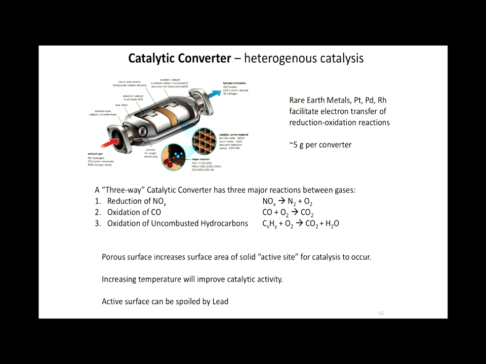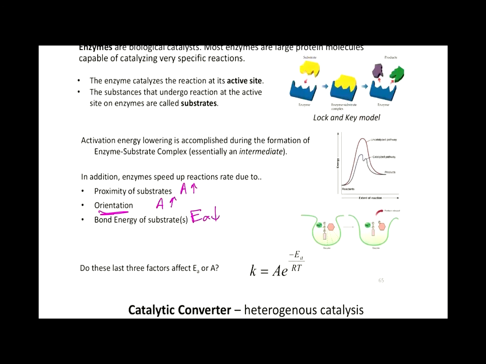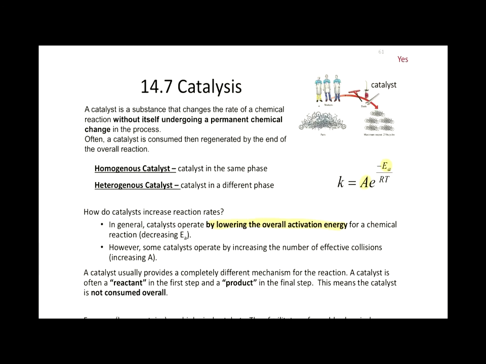All right, so my favorite catalyst is your catalytic converter in your car. This is an example of heterogeneous catalysis. Oh, I guess I didn't mention this on the previous slide. There's basically two types of catalysis. Homogeneous catalysis, that's where the catalyst that you add is in the same phase as your reactants. Those are the best kind of catalysts because you get really good collisions if they're all in the same phase, like if they're all gases or all aqueous.